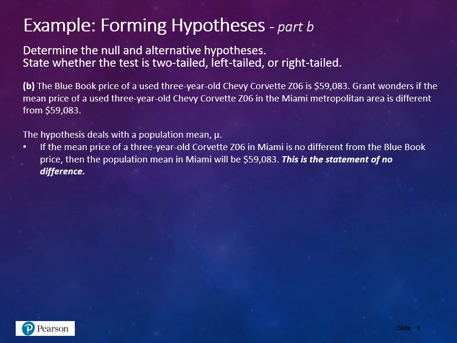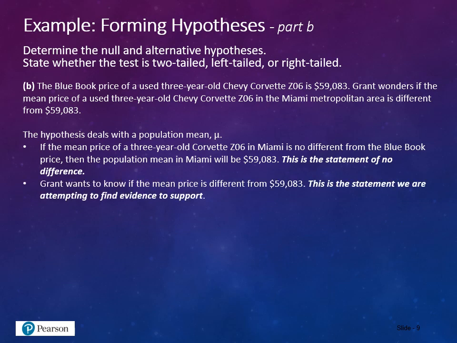This hypothesis deals with the population average, or mean. If the mean price of a 3-year-old Z06 in Miami is no different from the Blue Book price, then the population mean in Miami will be $59,083. This is the statement of no difference. This is our null hypothesis.